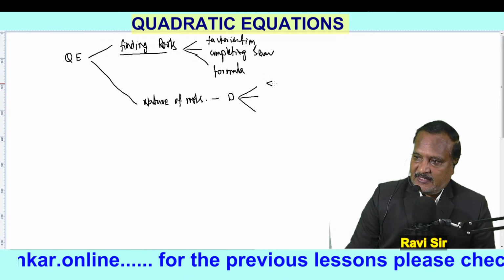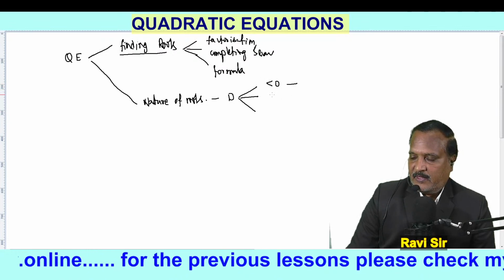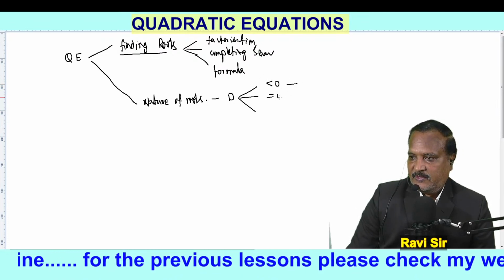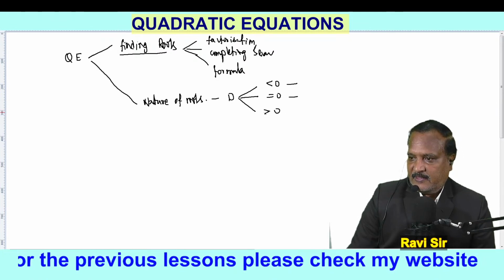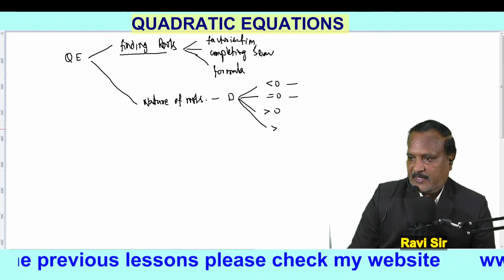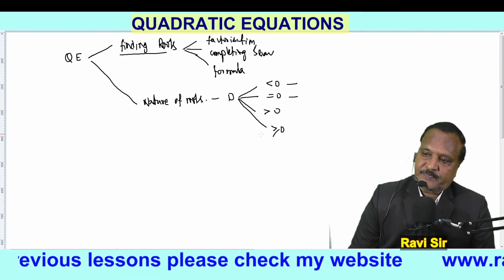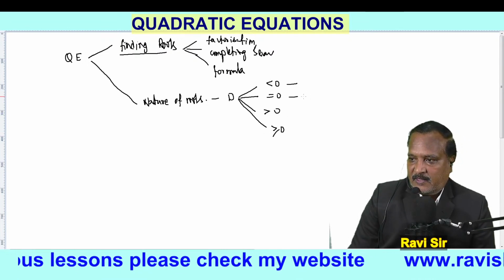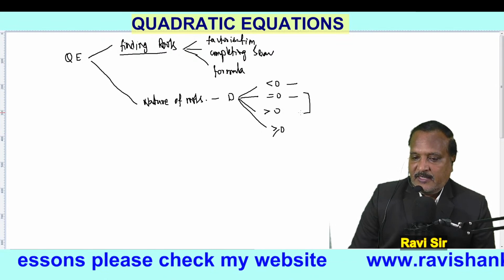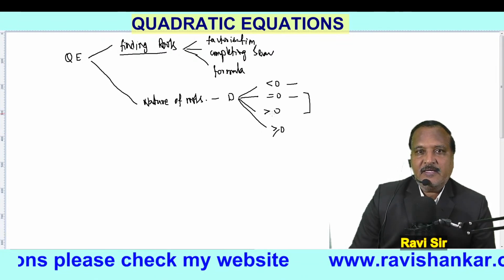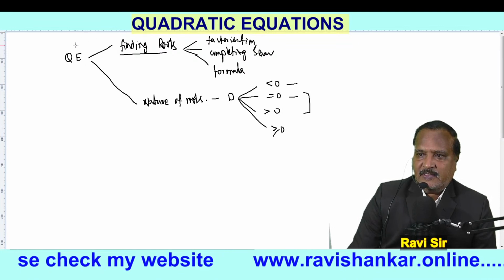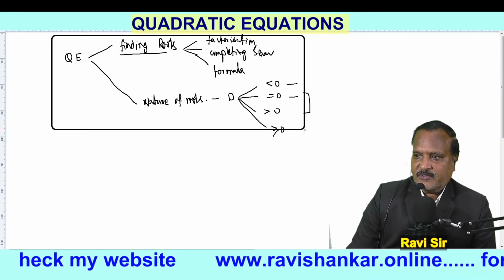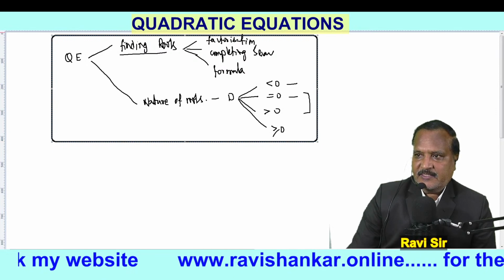If it is less than 0, no real roots; equal to 0, real and equal roots; greater than 0, real and distinct roots. You can have greater than or equal to 0 also, which means these two are combined. So these are the concepts of quadratic equations.